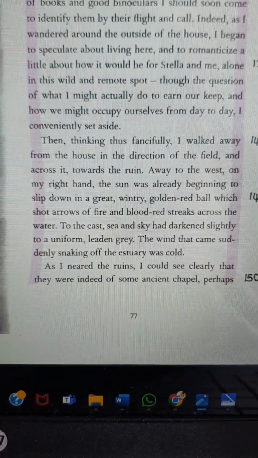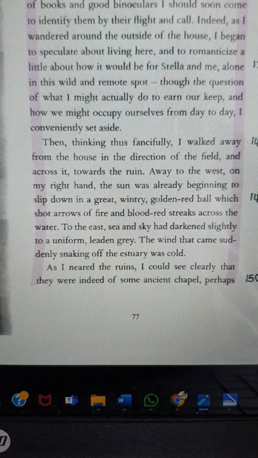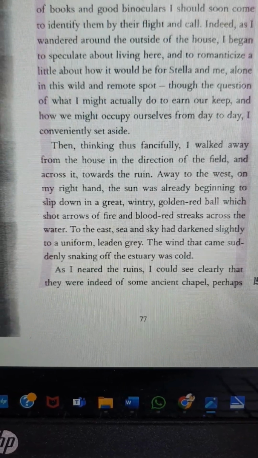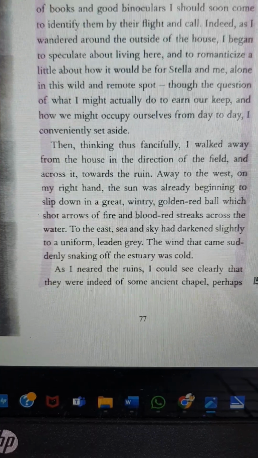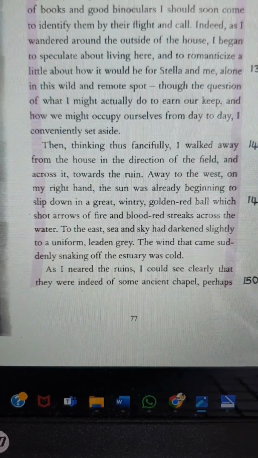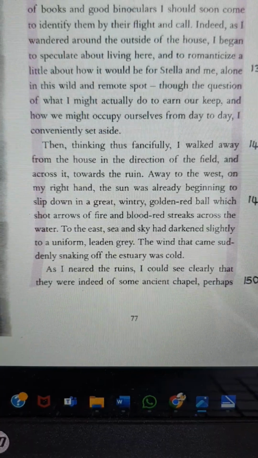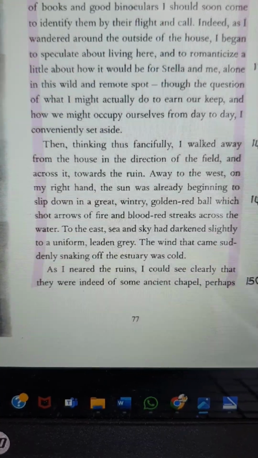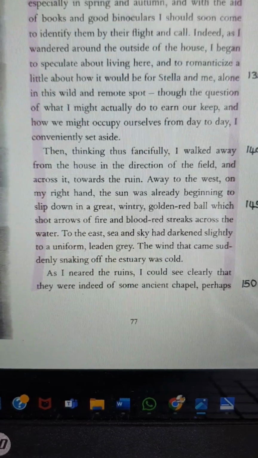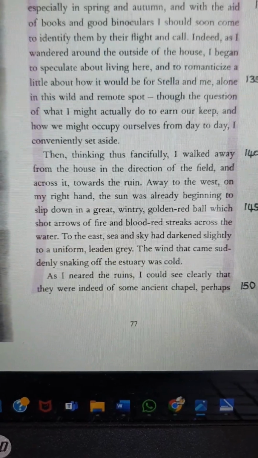You could talk about sibilance and the suddenly snaking, which creates a sort of sinister, whispery effect. That would be a good thing to do. Or we could talk about the metaphor itself and the suddenly snaking. So you've got quite a lot of choice about what you could write about for this part of the text.